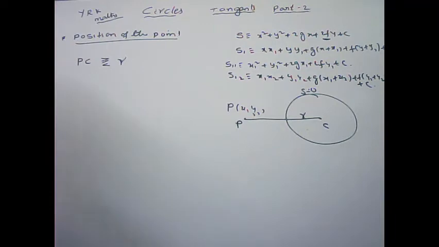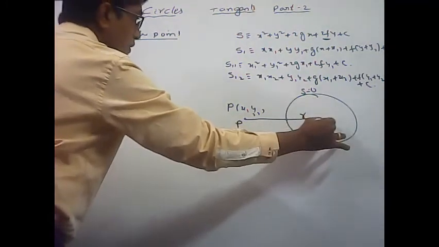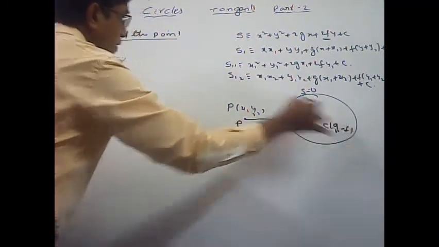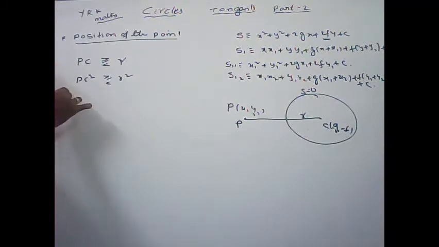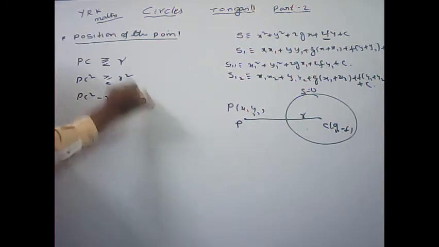Next, if I do the squaring on both sides, r square, PC square, that is nothing but the distance between these 2 points. Here what about the center of the circle? Minus g, minus f. So PC square minus r square, if I transfer this side, more than, equal to, or less than 0.